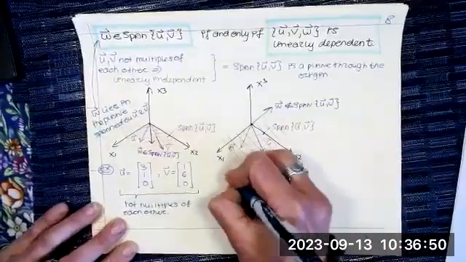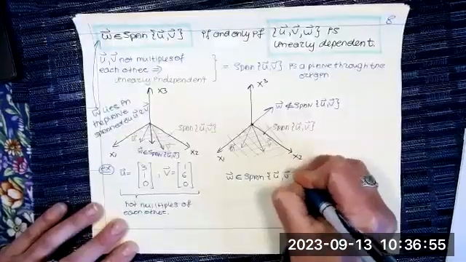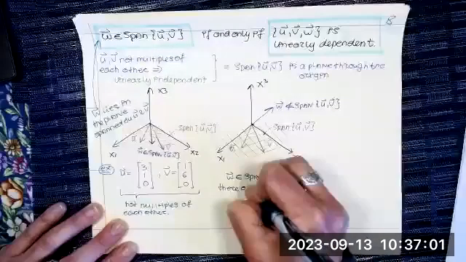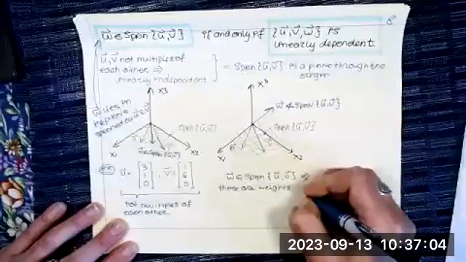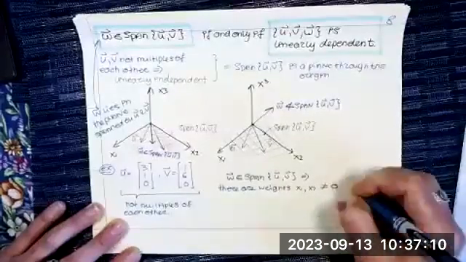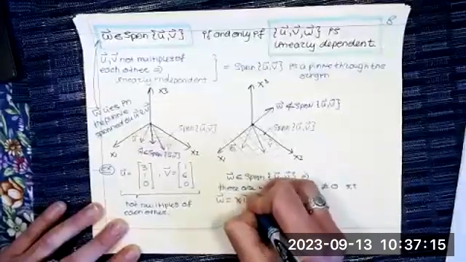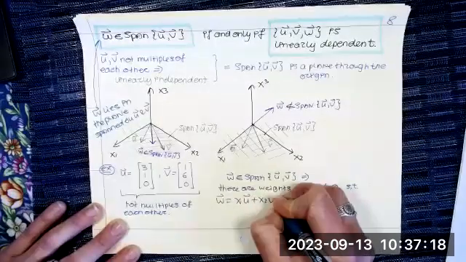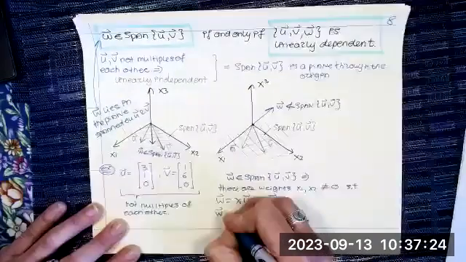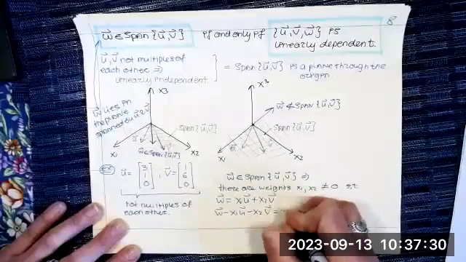Because if W belongs to span of U and V, there are weights, say x1 and x2, not both equal to 0, such that W equals x1 times U plus x2 times V. If I put everything on one side, this would be W minus x1 U minus x2 V equals 0, right?